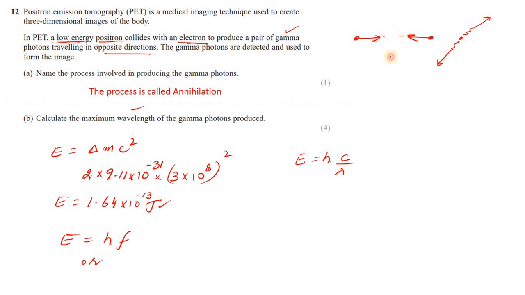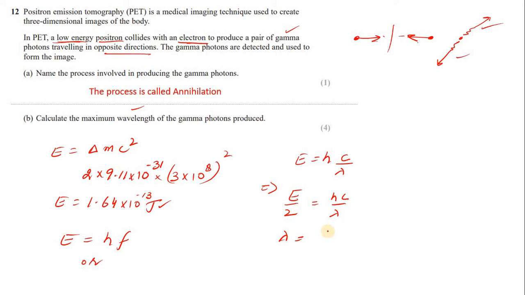So half of the energy goes into one gamma and the other half goes to the other gamma. So we need to find the wavelength of one gamma photon, so we need to use half of that energy value. So in fact, E by 2 is equal to hc upon lambda.